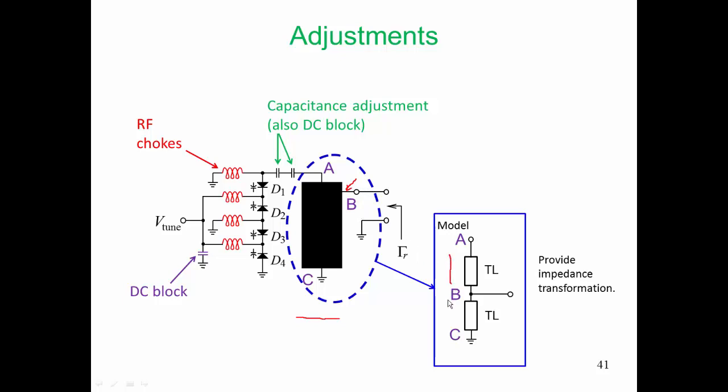We go from point B to point C using another transmission line model. And we have a tap at point B. Now that tap transmission line provides impedance transformation. Now this microstrip line can be approximately modeled by this, but we have found in our simulation that we need to do electromagnetic analysis of that transmission line to get anywhere near the performance that we need.